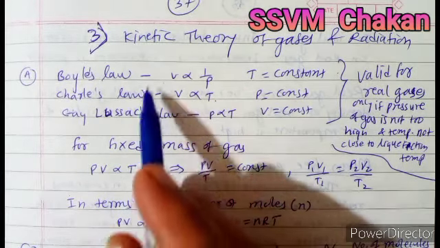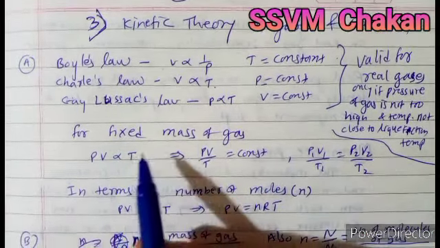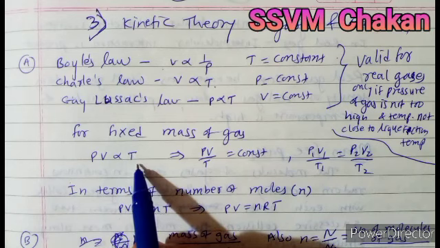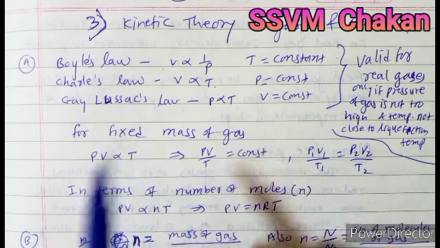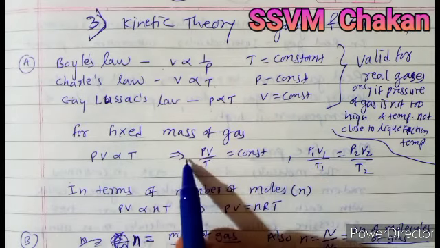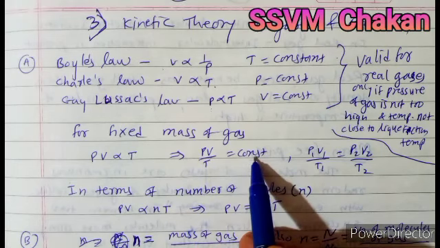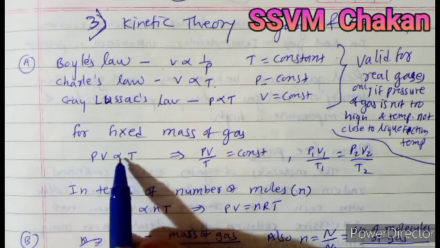If you combine all these three laws and formulate it, then for a fixed mass of a gas, PV is proportional to T, or we write PV divided by T is equal to a constant. Why a constant? To remove the proportionality sign, we take a constant.